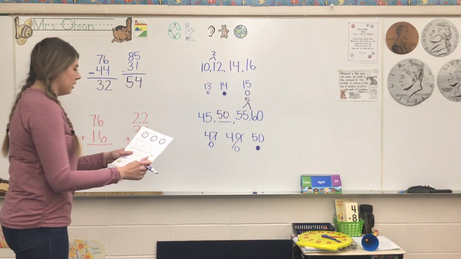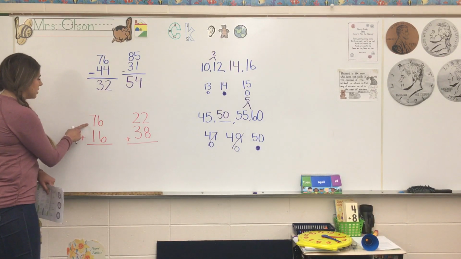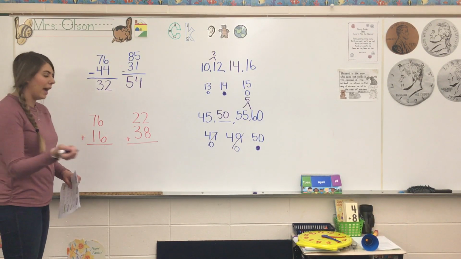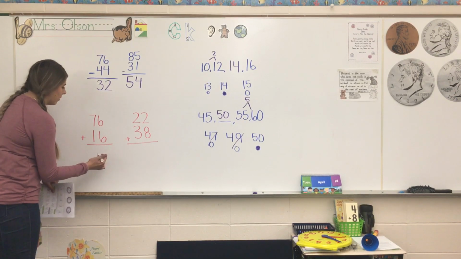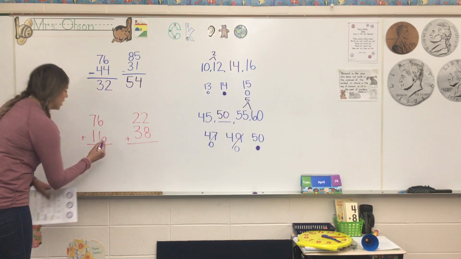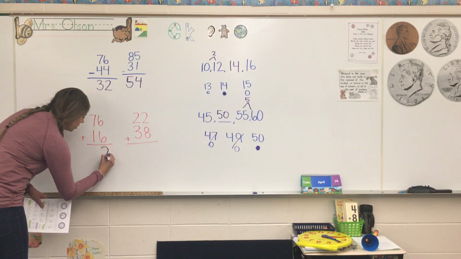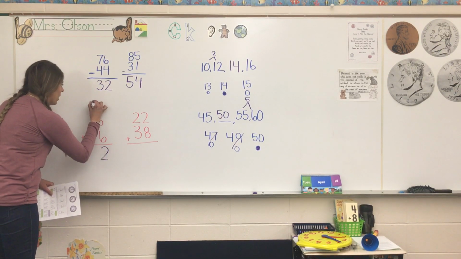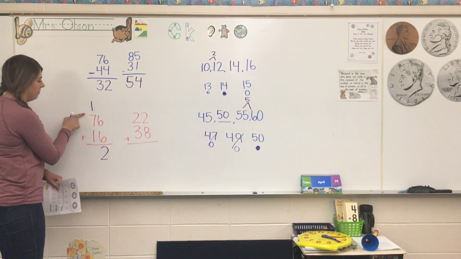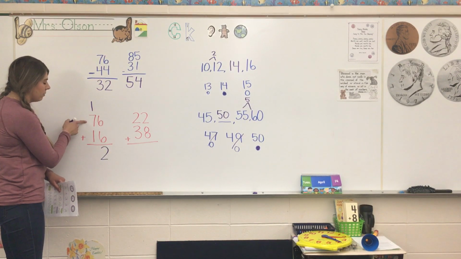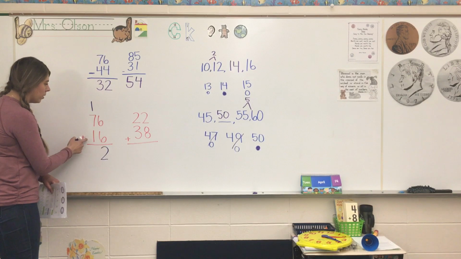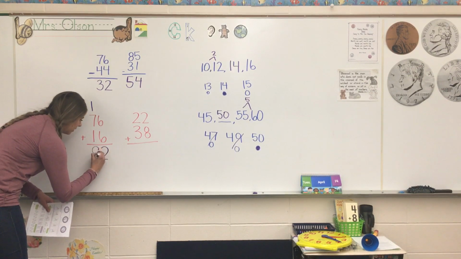Let's see here. So we'll start with this one, and remember whatever we're adding, we start with the ones column first. 6 plus 6, and that equals, that's right, 12. So we write our 2 here, and then our 1 has to be carried to the tens column. And so then if we add them all together, we have 1 plus 7, we all know is 8, plus 1 more, that'll give us 9.